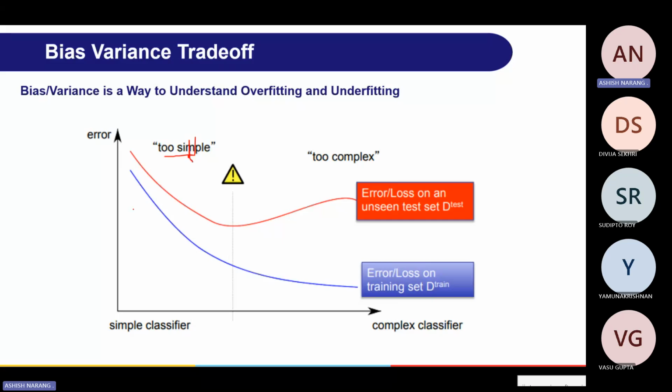If you see here, this is a simple classifier, this is a complex classifier. You are reducing bias as you move towards complexity, and at this point you see that it starts increasing.